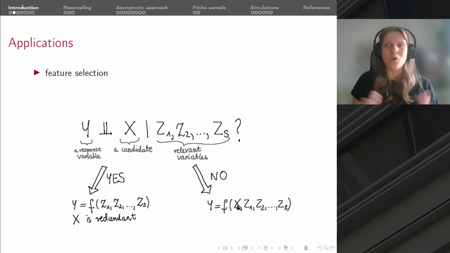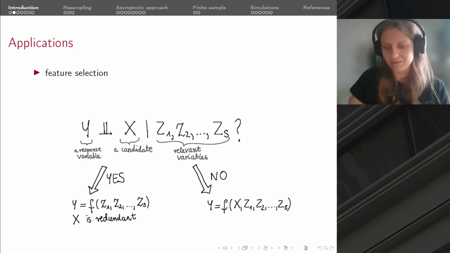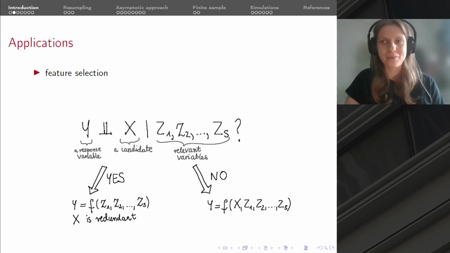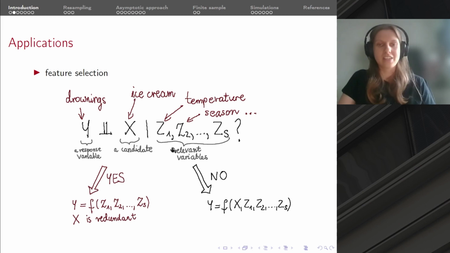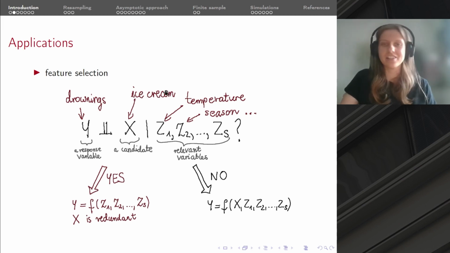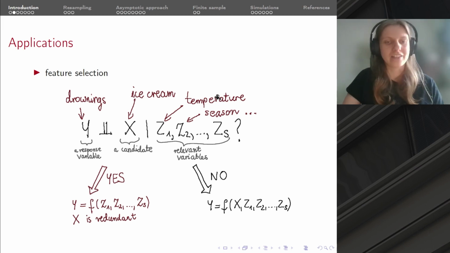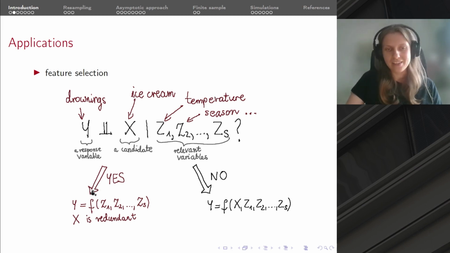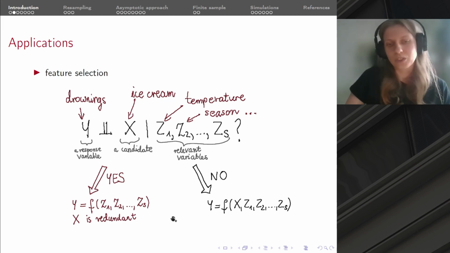Of course, this is just one way of selecting the features, and maybe not always the best way to do that. Okay, so in our example, y are drownings, x is ice cream sales, and z are these additional variables which we can take into account, for example, temperature outside. And in this case, the answer is yes. These two are independent given the temperature outside, so we don't need x in our model.